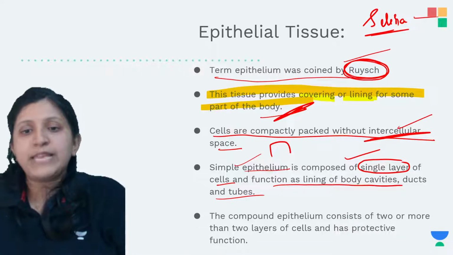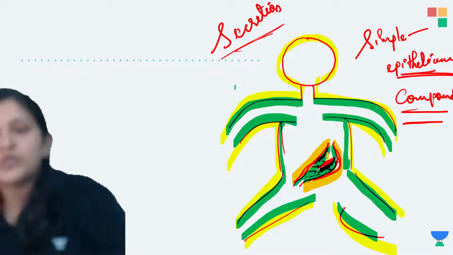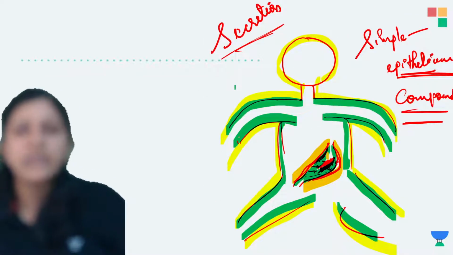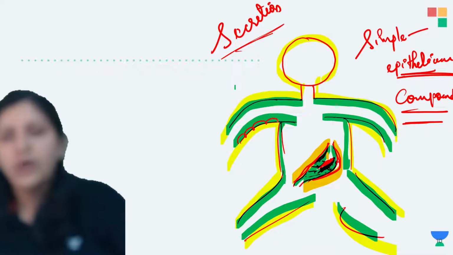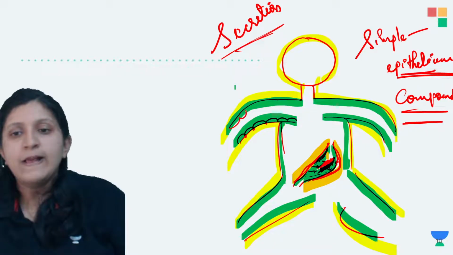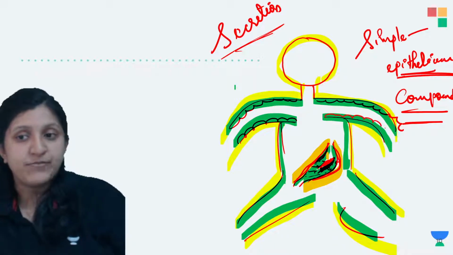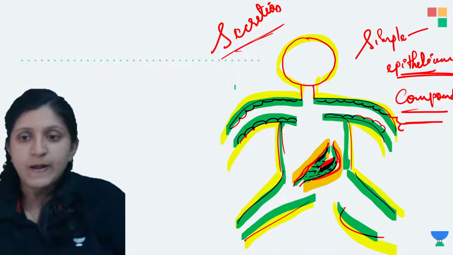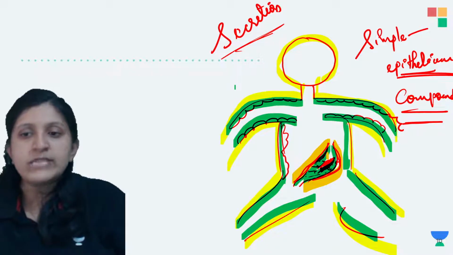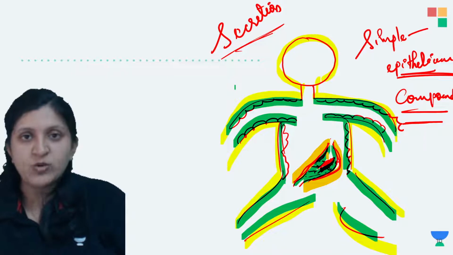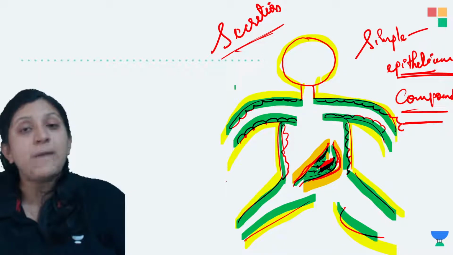So simple epithelium is what? It will have just a single layer, just lining the body cavity. I told you, right? Lining the body cavity, you can find just one layer of cells. There are no multiple layers. On the outside, especially when we mention the skin, skin has a compound epithelium.